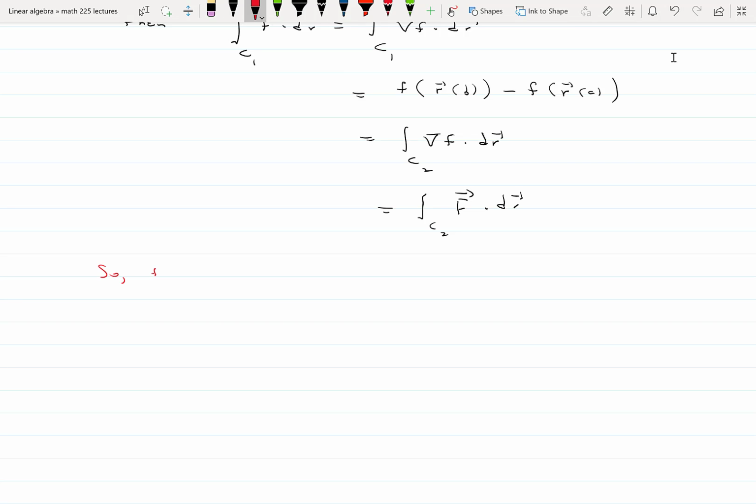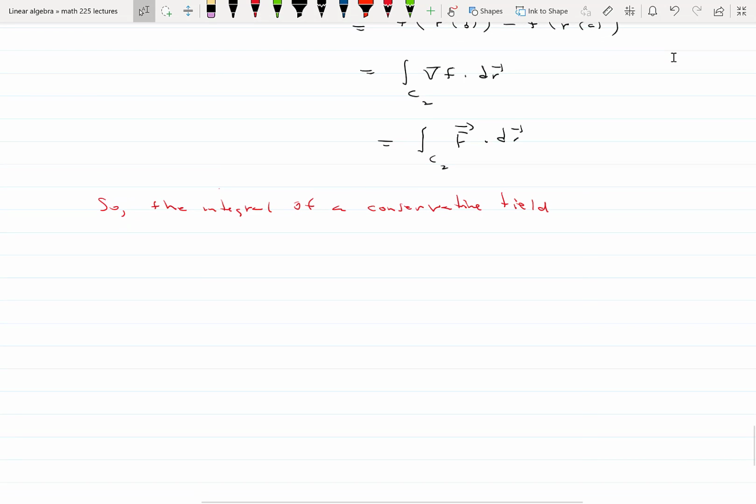The integral of a conservative field, which I'm considering as force just so we can intellectualize this, specifically, the integral of a conservative field, the integral of a force field if you want, is path independent, is independent of the path of integration.